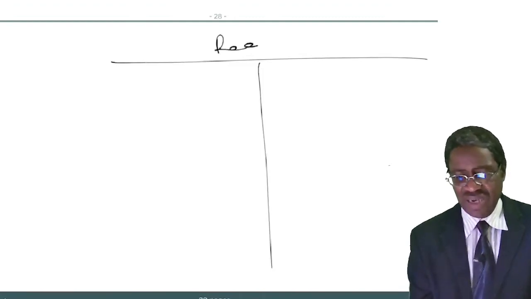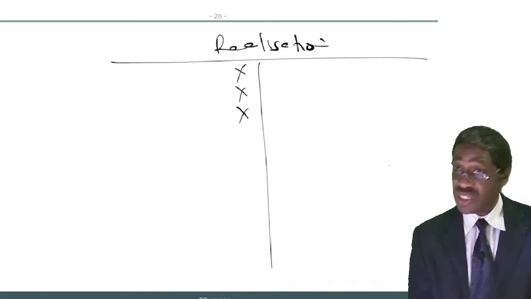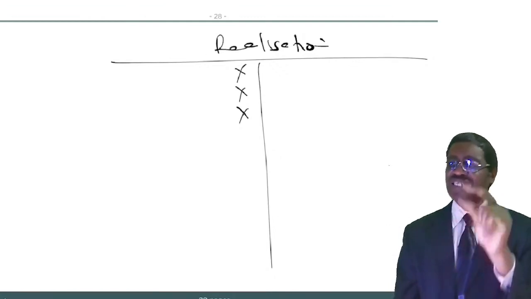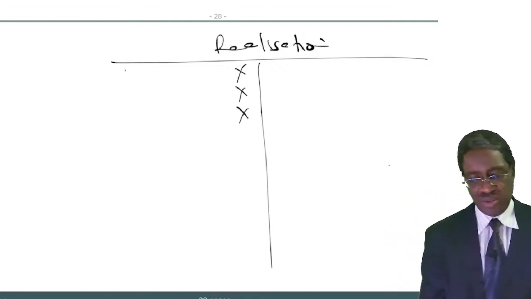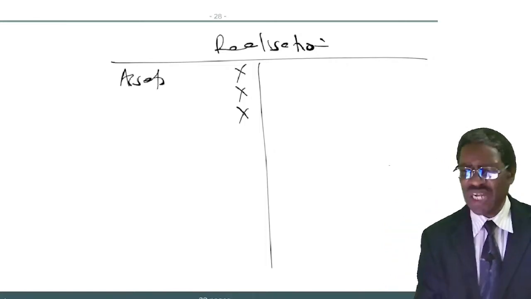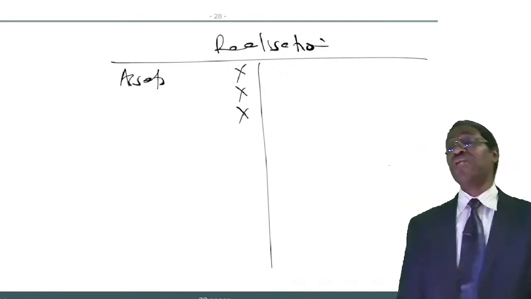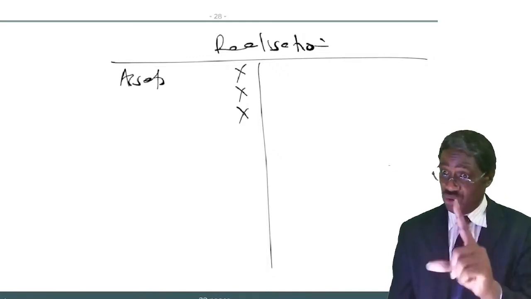So I go and credit the assets and debit an account called realization. That is step number 1, which says close all assets taken over at their book values to the realization account. Whatever the assets, whether it's machinery, motor vehicle, furniture, so long as the question tells you company B took them over. That's what you do first.